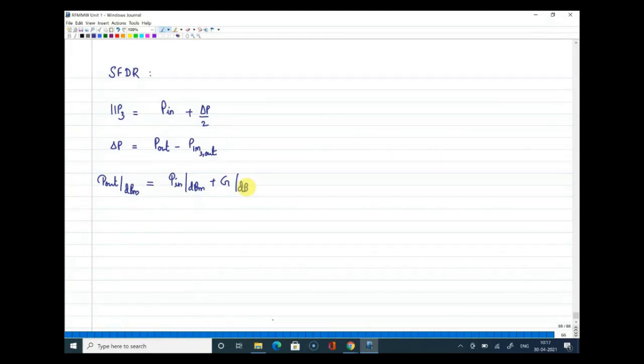If I write a similar expression even for the IM3 products, P IM3 out, I can roughly relate IM3 output products, if I'm referring the IM3 products to the input side. So there is nothing called IM3 at the input side, but if I'm referring back to the input side, I can roughly say that the IM3 power at the input plus gain will be approximately your IM3 power at the output. There will be a small difference.